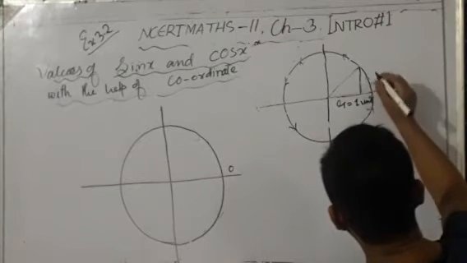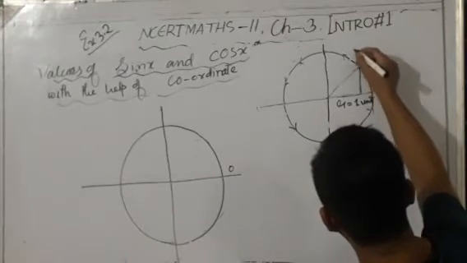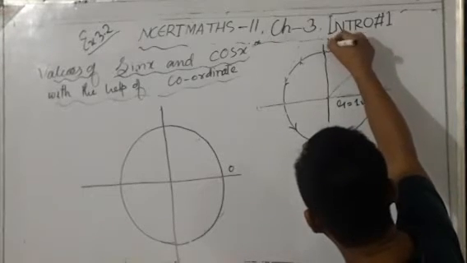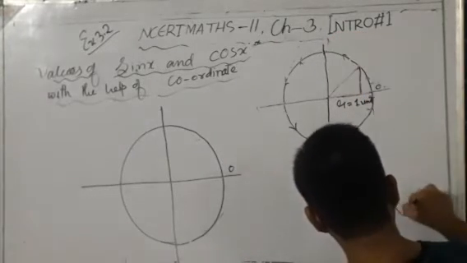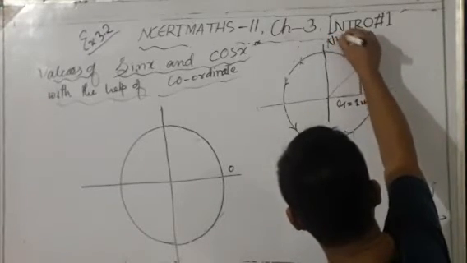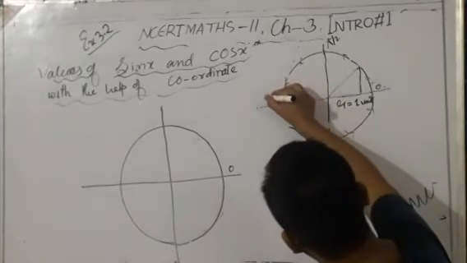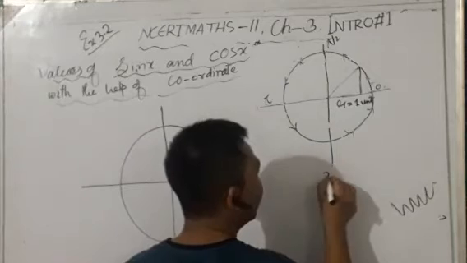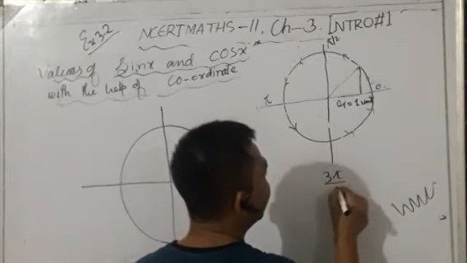It keeps rotating, starting from 0 to pi by 2, here it will be pi, and here it will be 3 pi by 2.